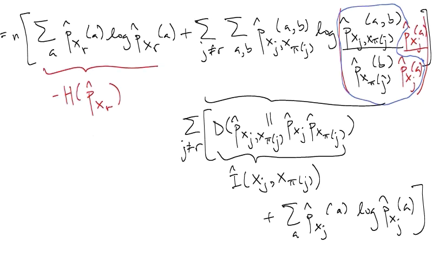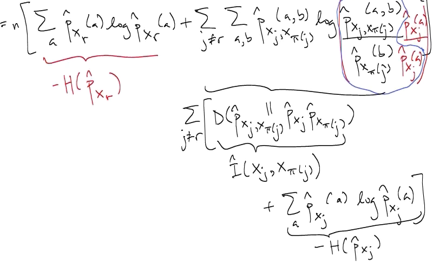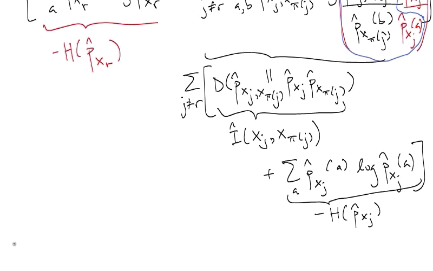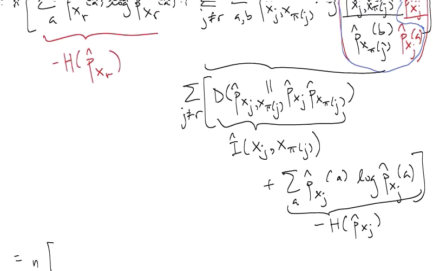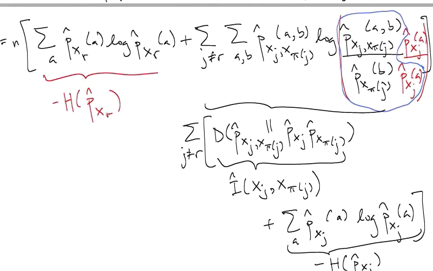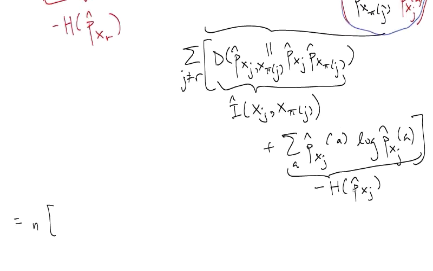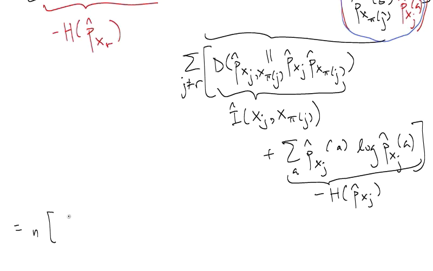Of course this thing here is minus entropy of the empirical distribution of xj. Once we put all these pieces together, this whole thing is equal to n times, so we had this minus entropy of the root node, and then for all the other nodes there's also a minus entropy for those nodes. So we're going to have a sum over all the nodes j within V of minus entropy of the empirical distribution of xj.